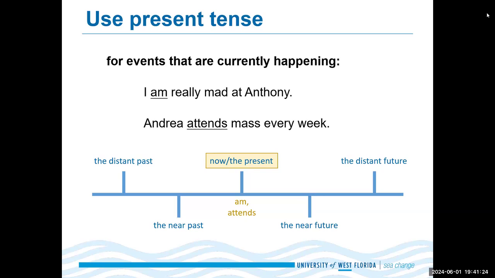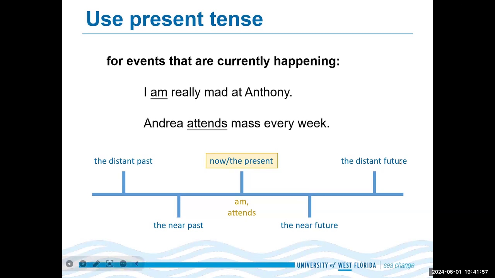So this is how we imagine using the different tenses of the verb. And since present tense is something currently happening right now, like I am your lecturer today, the lecture is happening at this very moment. So we're going to use present tense of the verb.